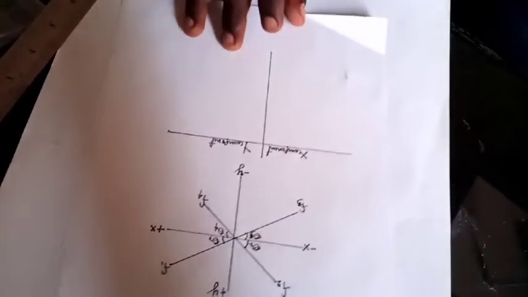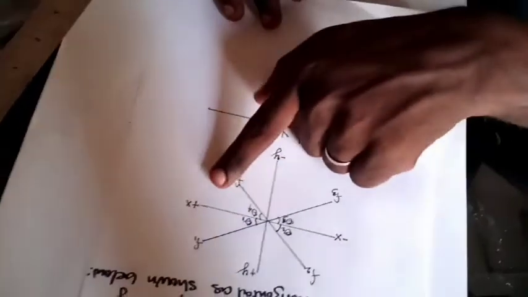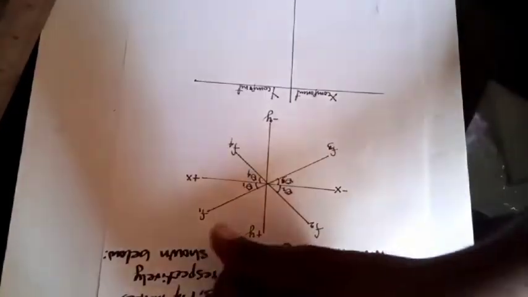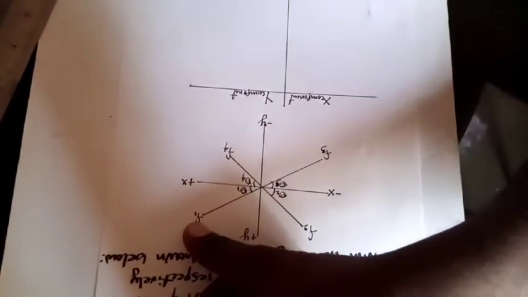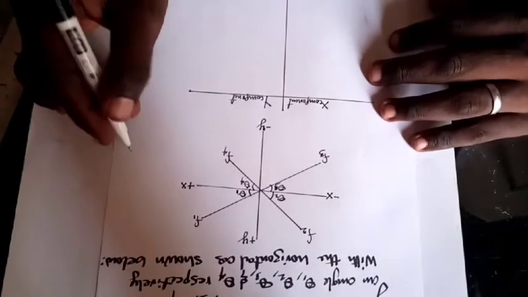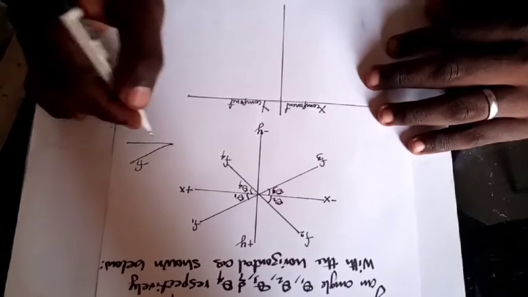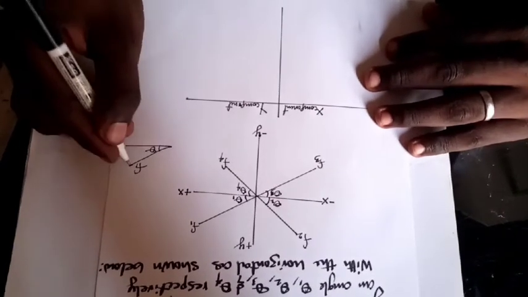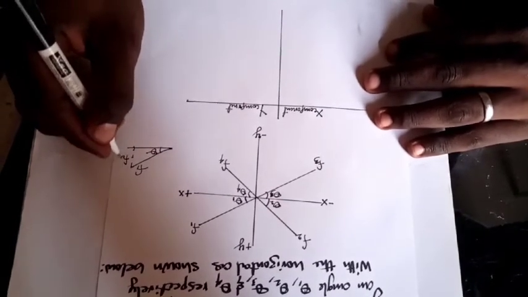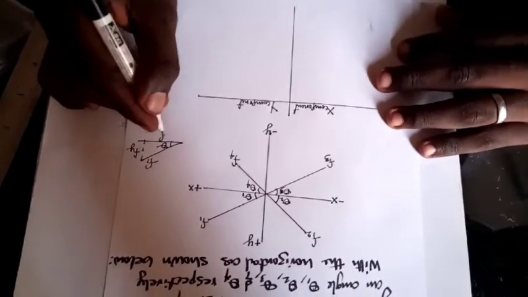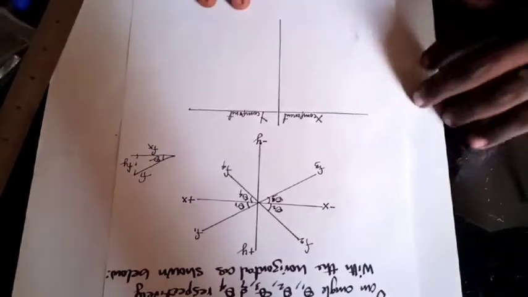Now, for each vector, we are going to break them into components. Let's say for vector f1. So this is f1 and this is theta 1. It has a vertical component, which is f sub y, and a horizontal component, which is f sub x.